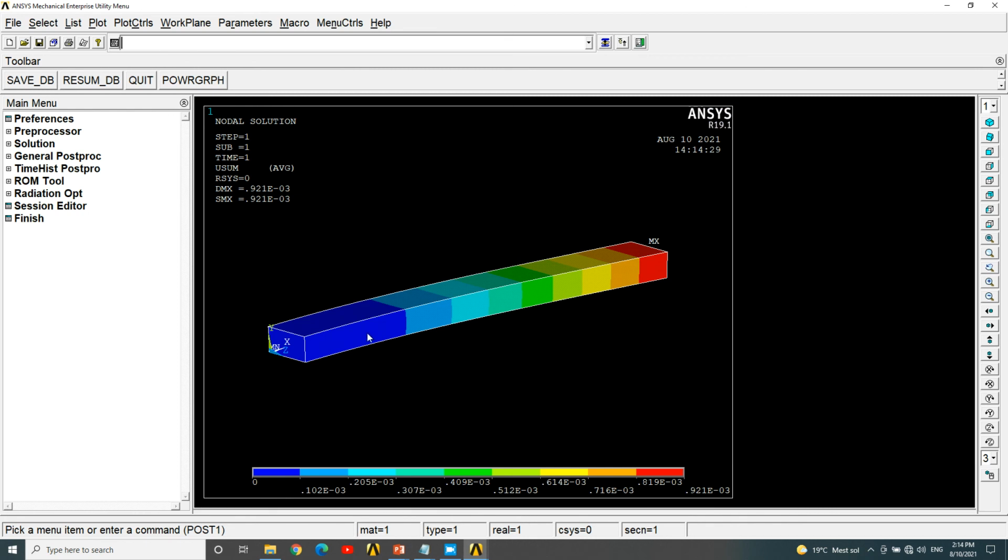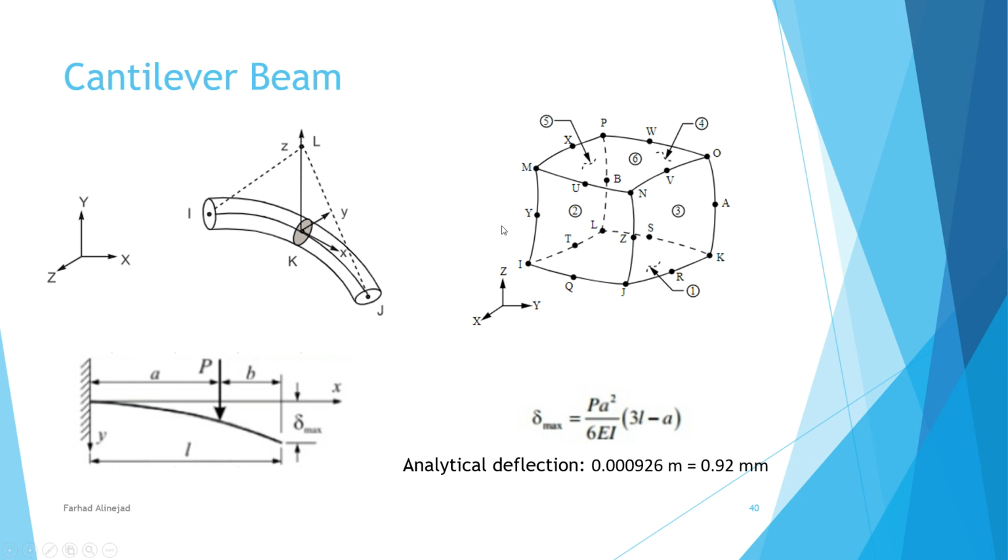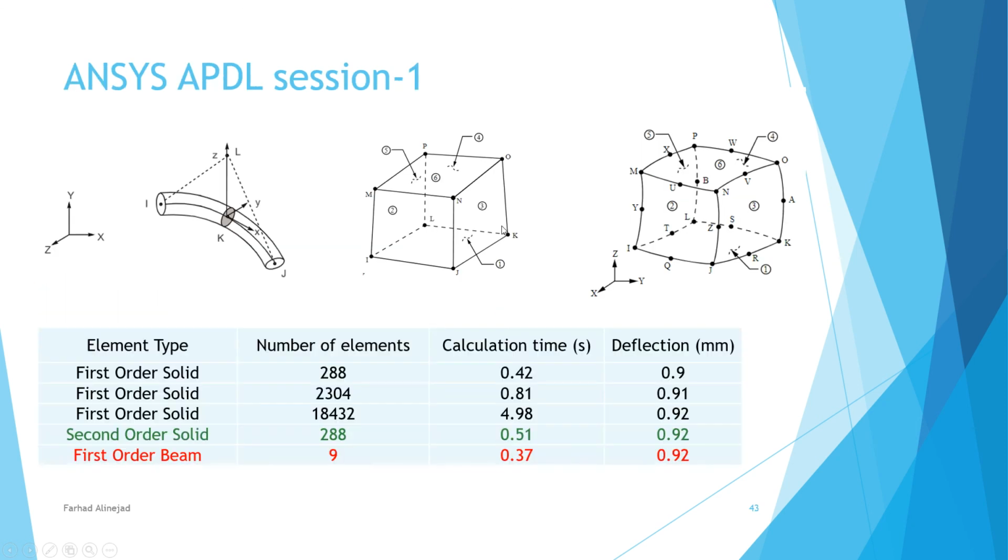So by changing the element type from first order to second order, we got much better results. If I tabulate all the results, for the first order solid element, we tried firstly with 288 elements, and the calculation time was 42.42 seconds, and we didn't reach satisfying results.